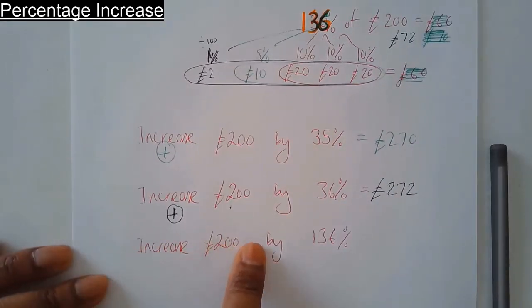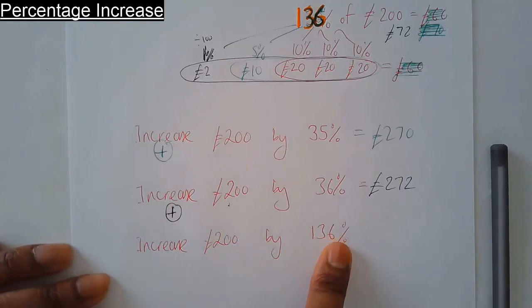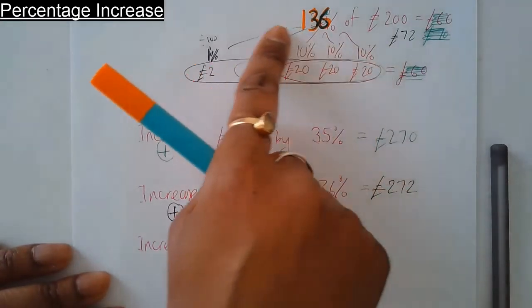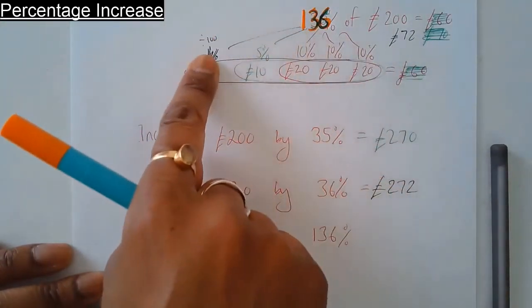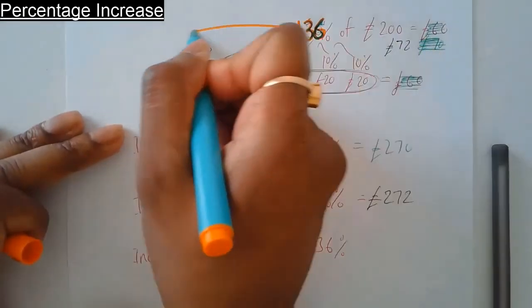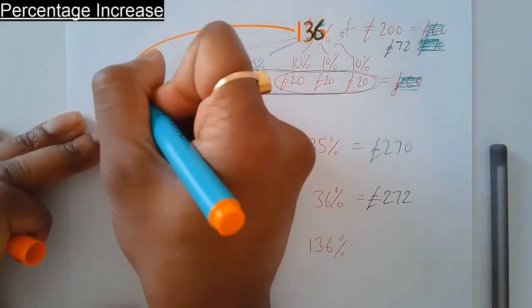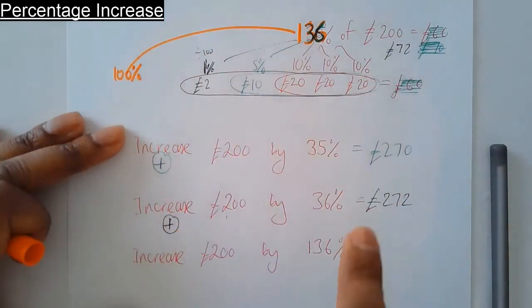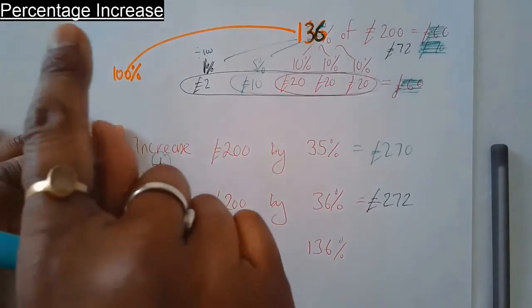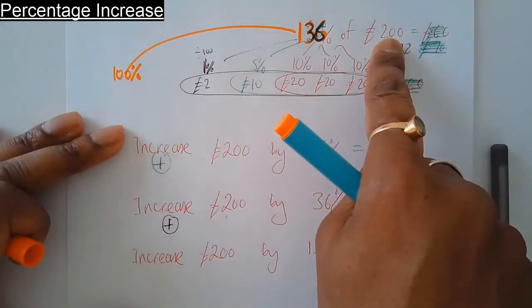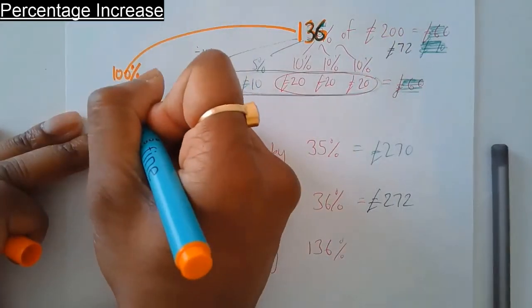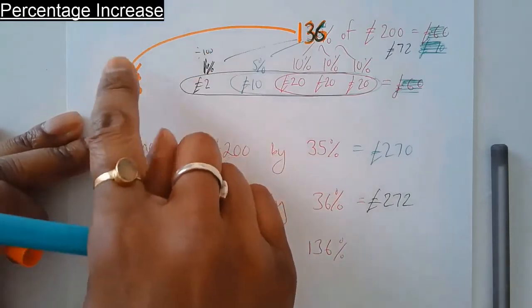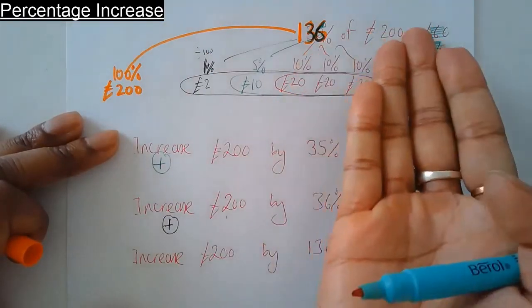Increase £200 by 136%. We've already got 36% displayed here, so I'm going to attach on 100%, because then you've got 100% plus the 36% makes 136%. 100% means everything, so 100% of £200 is £200.